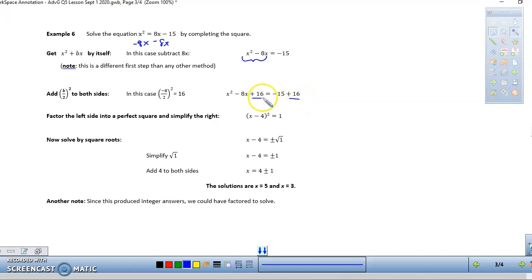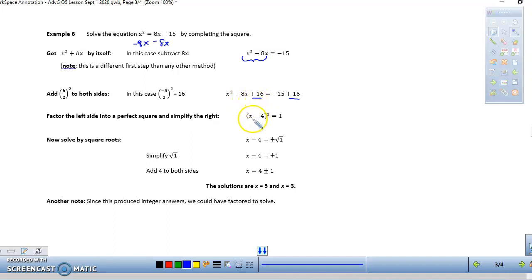Okay, notice that that allows us to factor the left side into a perfect squared or squared binomial. So 16 is a perfect square, and you can get -4 times -4, and that combined like terms would be a -8.